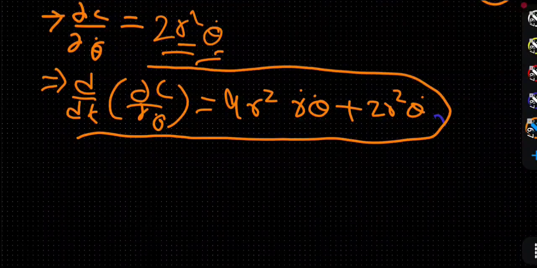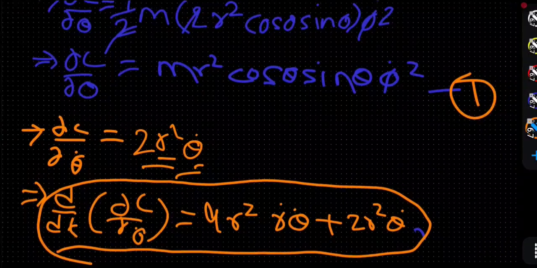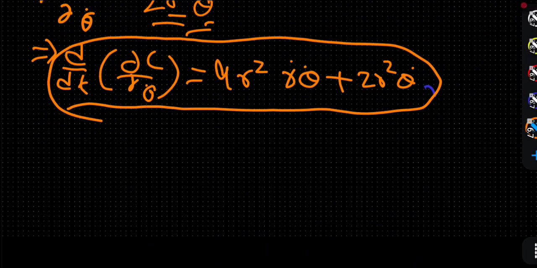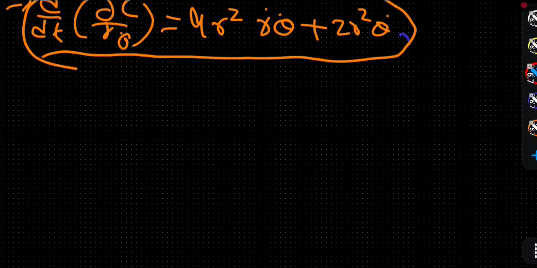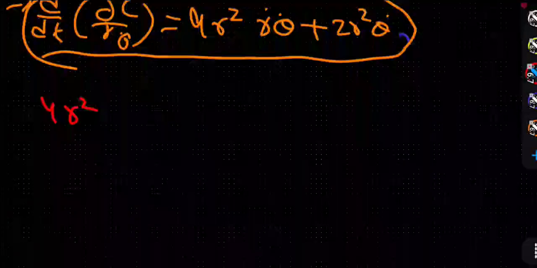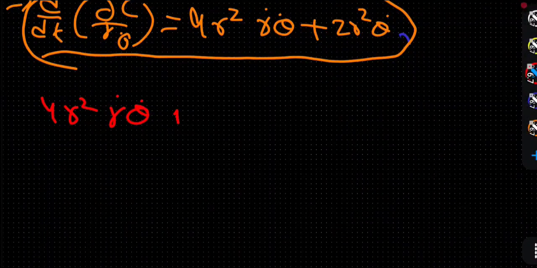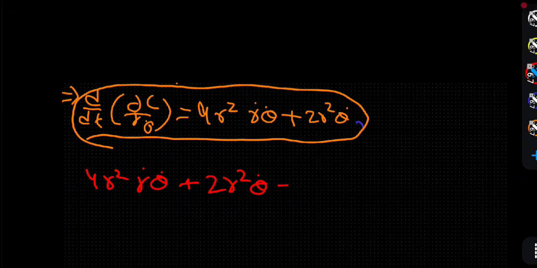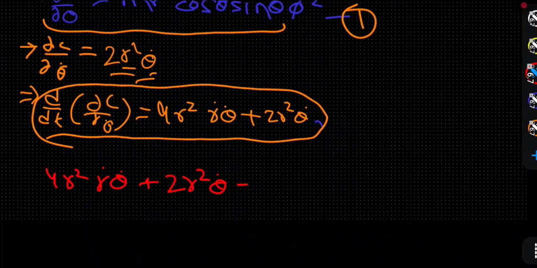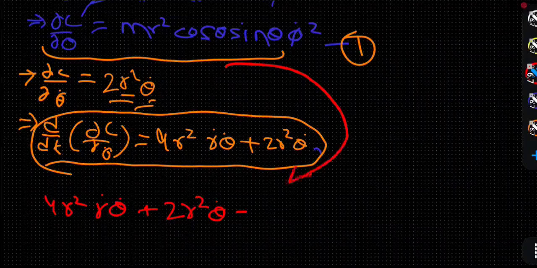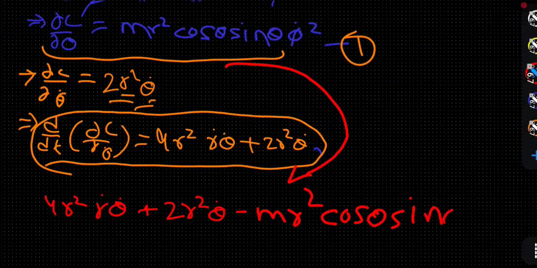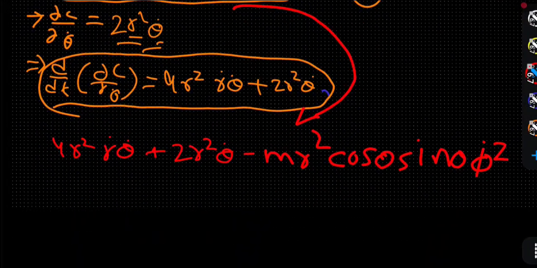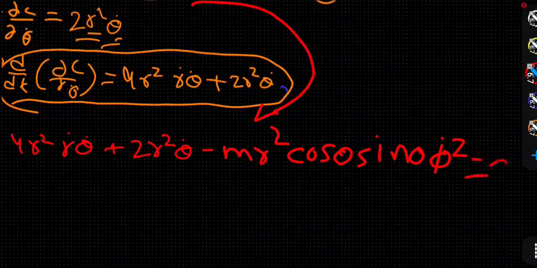Now plugging this value and the value that we derived for del L by del theta into our Euler-Lagrange equation, let's see what will happen. After plugging it in, it will be 4r square r dot theta dot plus 2r square theta dot minus m r square cos theta sin theta phi dot square, and equals of course 0.